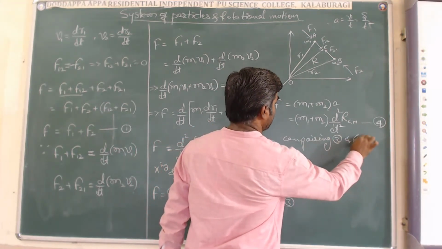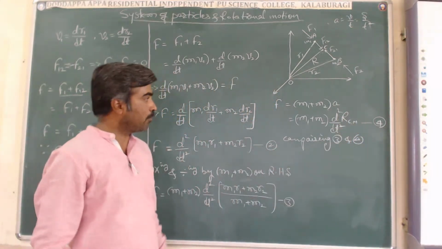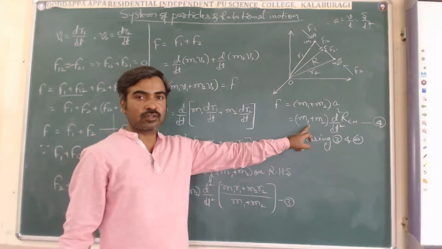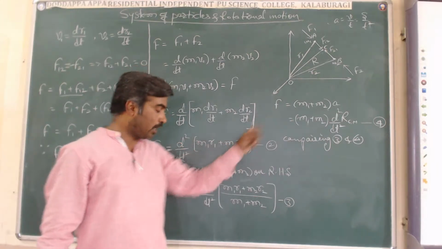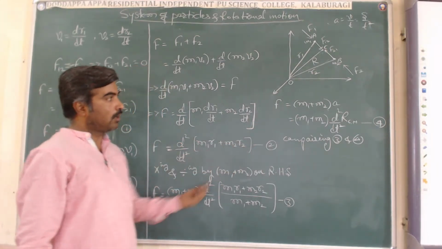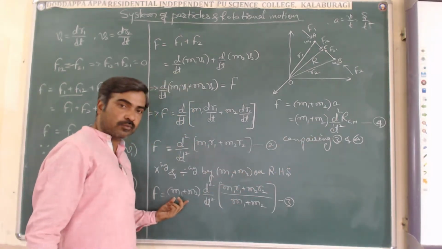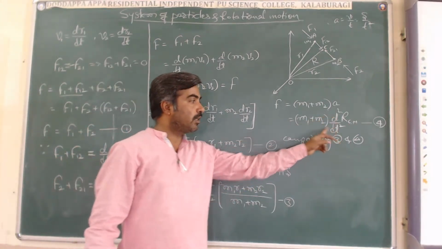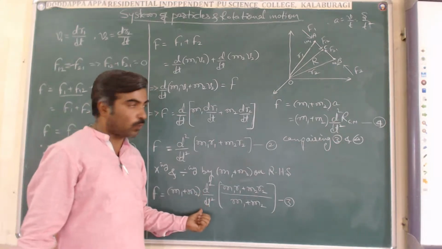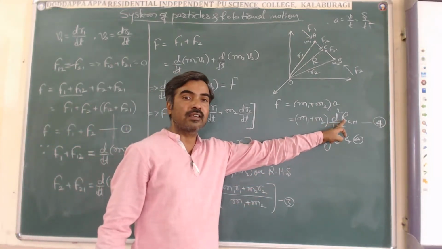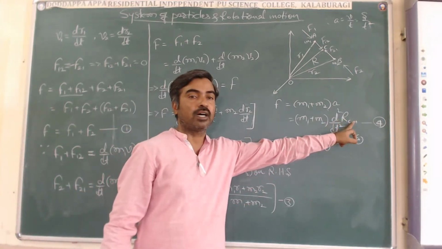I compare equation 3 and equation 4. In the LHS, the net force. On the RHS, m1 plus m2, d square by dt square, and here RCM, the position vector of the center of mass.